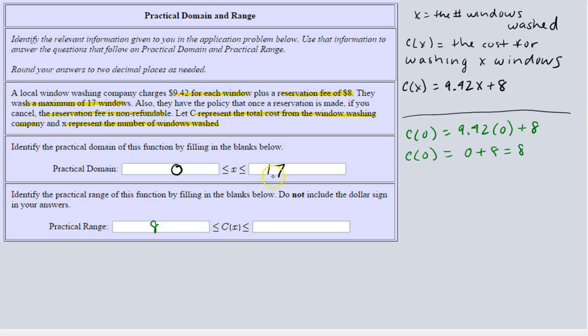Now, the most you could pay would be if you had 17 windows washed, because it's more for each window you have. So the maximum would be C of 17. Well, that's 9.42 times each of the 17 windows plus the reservation fee.